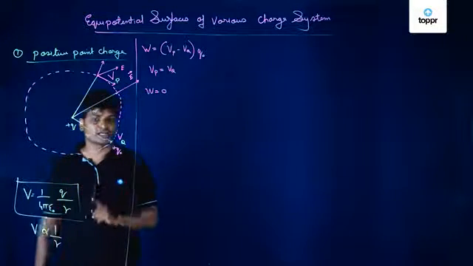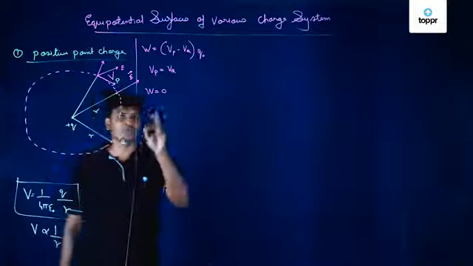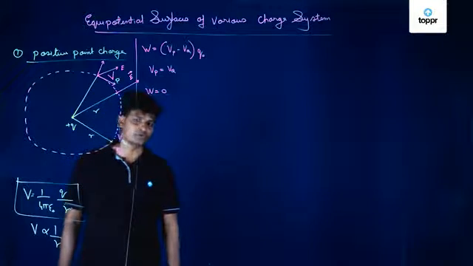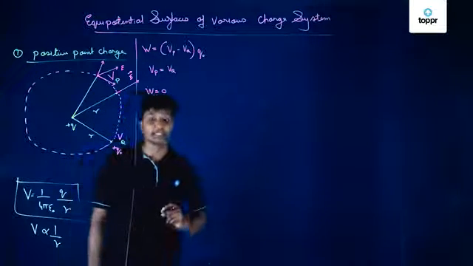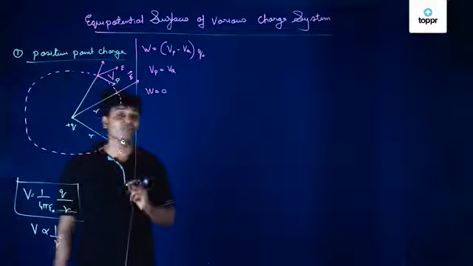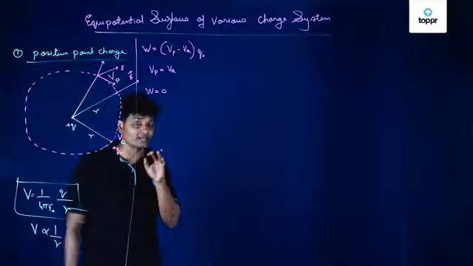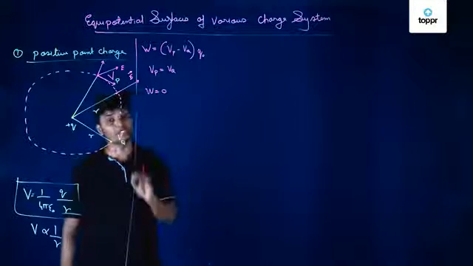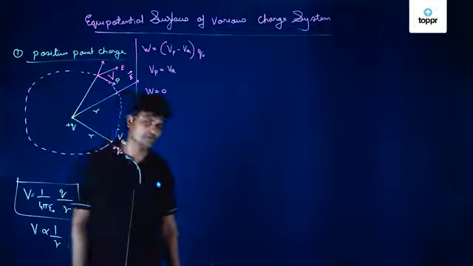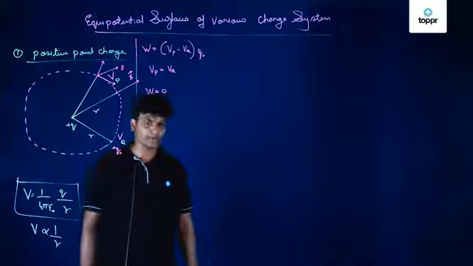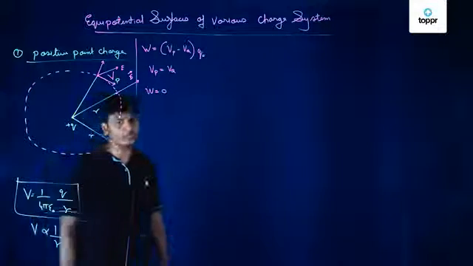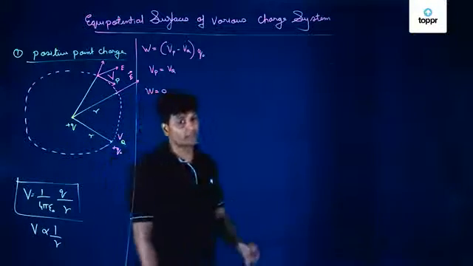However, work done on an equipotential surface has to be equal to 0. So there cannot be any electric field which is making some angle with the surface. It should always be normal to the equipotential surface. There should not be any component of electric field along the equipotential surface.